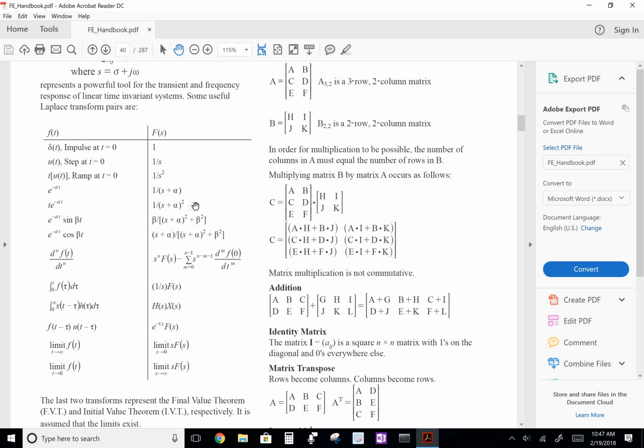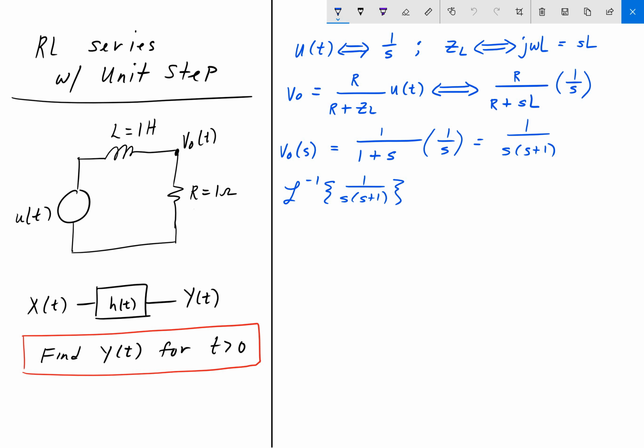We have 1 over s plus alpha squared, but there is no expression here that'll give us what we're looking for. And so what we have to do here is a partial fraction decomposition.